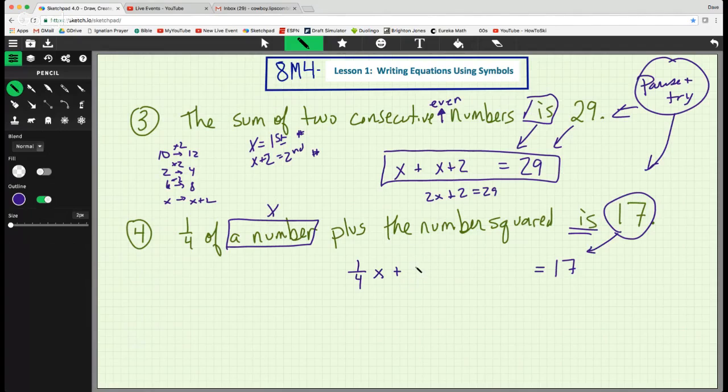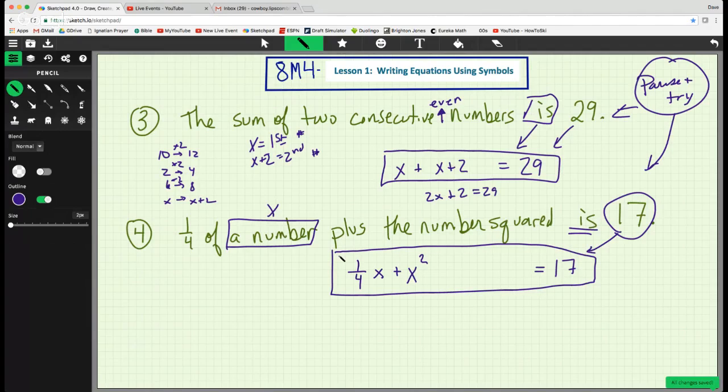Well, the number squared is x squared. So a fourth x plus x squared equals 17. Bam. This is kind of a hard one. You guys actually don't know how to solve this type of problem yet. We'll get to that in some later lesson, some later unit.